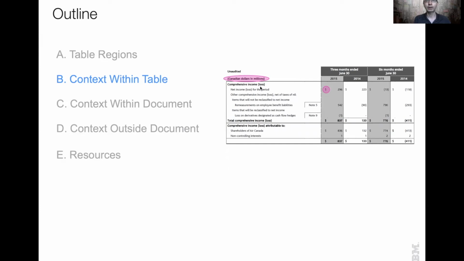It may appear within the table, it may appear within the surrounding document, or it may appear even outside the document. So let us, in the rest of the table understanding section, go through each of these classes of semantic information, and for each of them, explain both the problem definition and the work that has been done in the respective area.